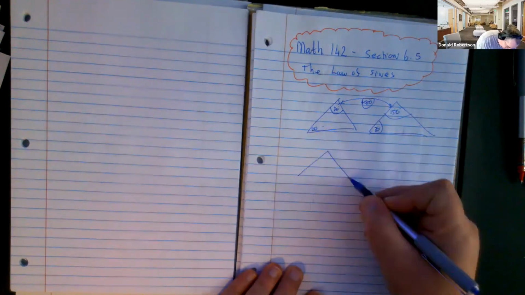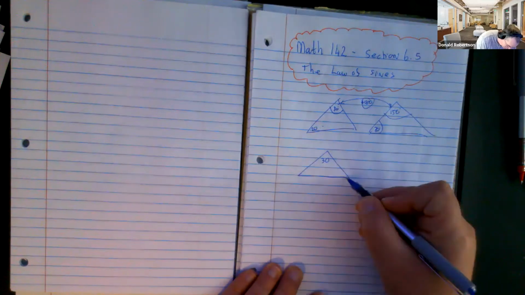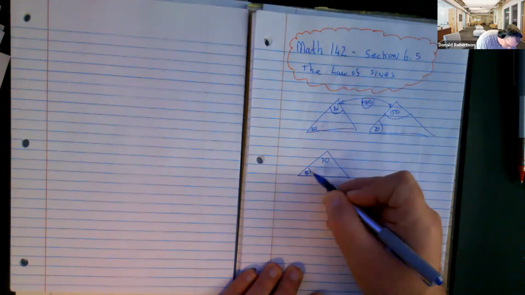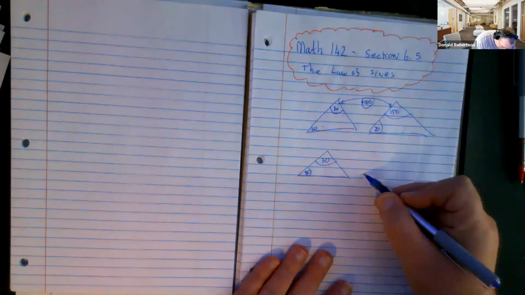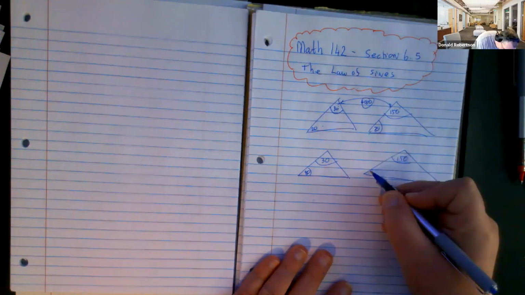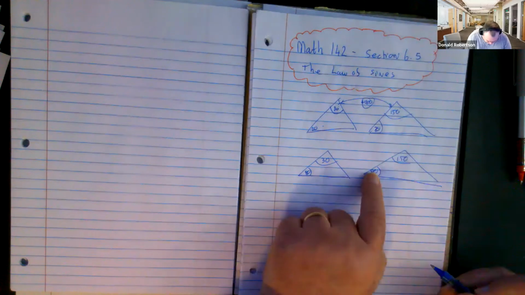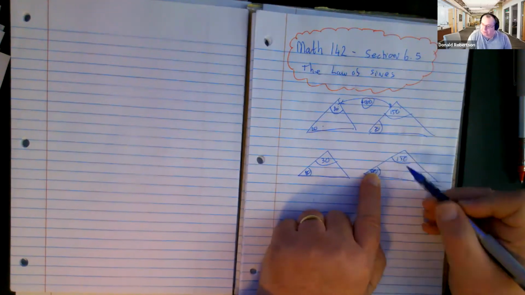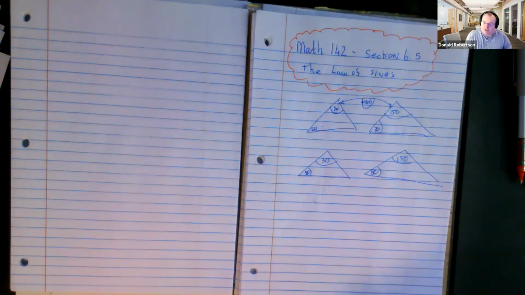But in a different world, imagine this angle here was 80. Well, 30 is always going to work, but the 150 can't work if that's 80, because it's too big. So when you're looking for a missing angle, have a look at the second possibility and see if it's going to work.